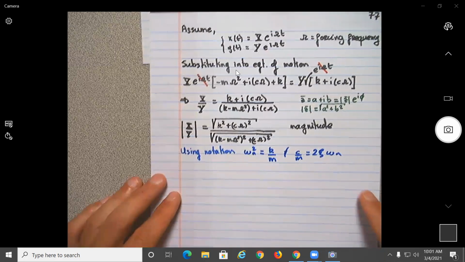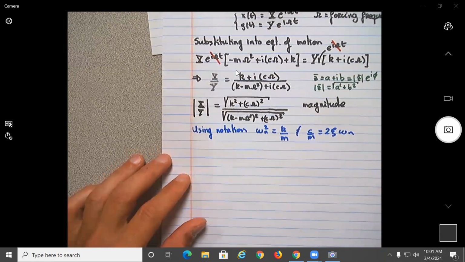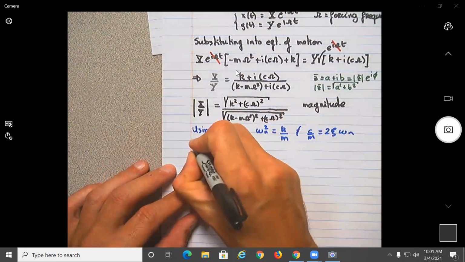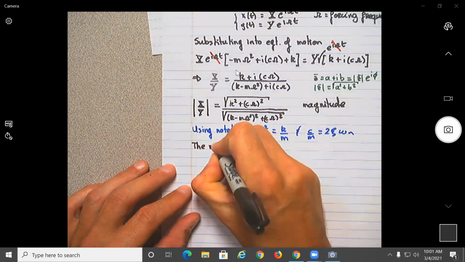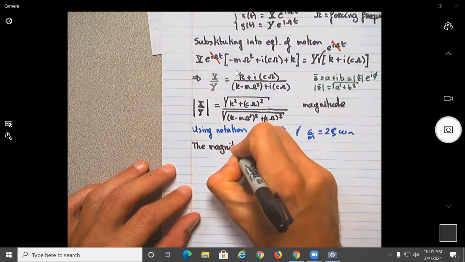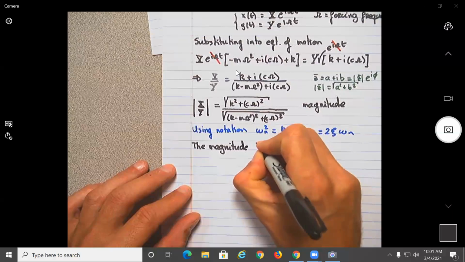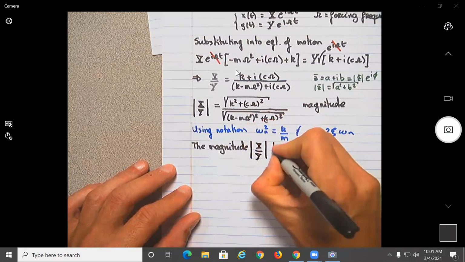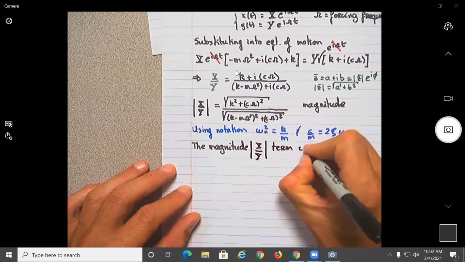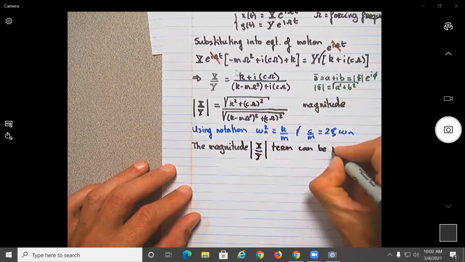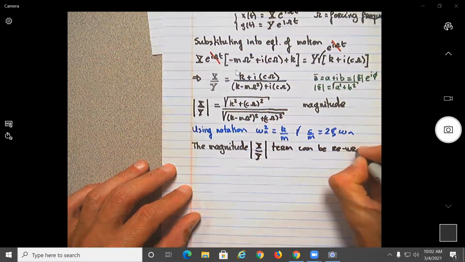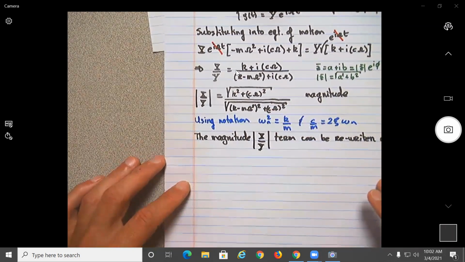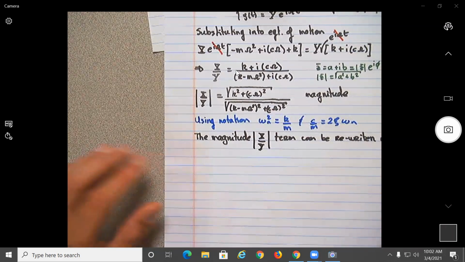Okay. So what do we get? We're going to get over here the magnitude of the X over Y term, which can be rewritten as, this is just notation.